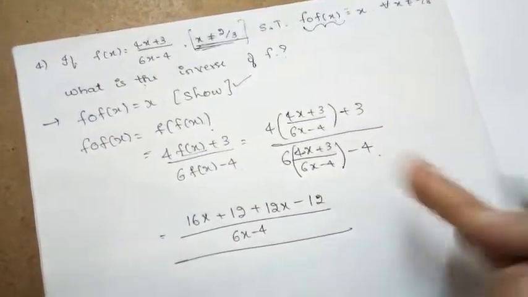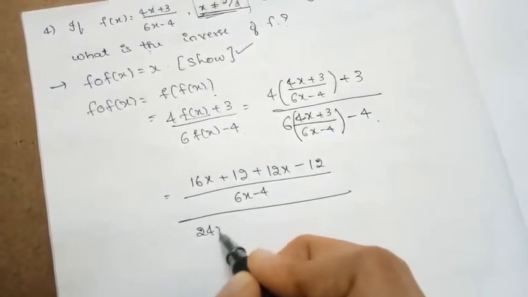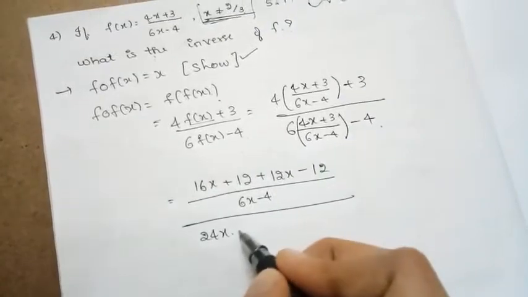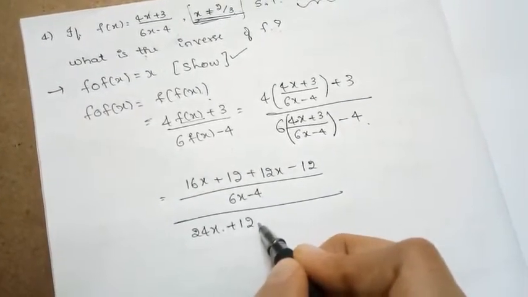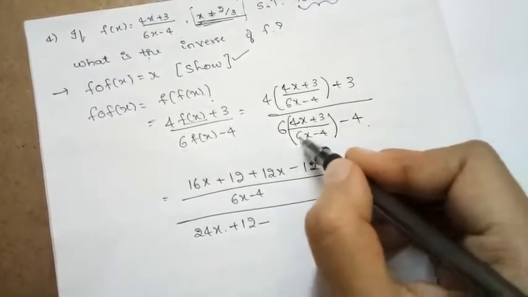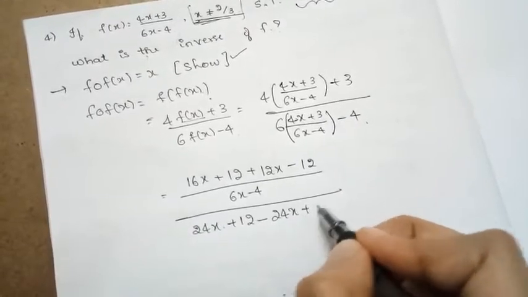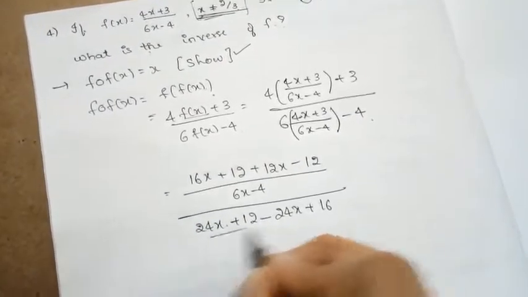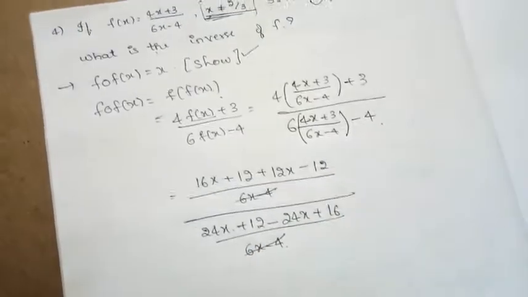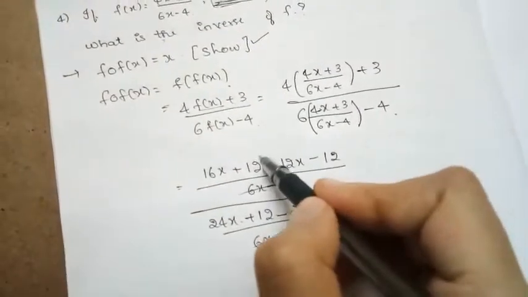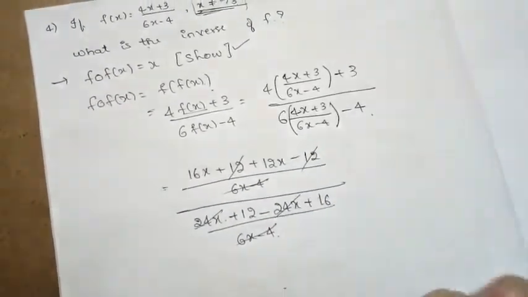This is regarding the numerator, similarly the denominator. 6 4s are 24x, 6 3s are 18... again I am taking here LCM, so it becomes what? Minus 6 4s are 24x, minus into minus plus 4 4s are 16, whole divided by 6x minus 4. 6x minus 4, 6x minus 4 gets cancelled, plus 12 minus 12, plus 24x minus 24x get cancelled.